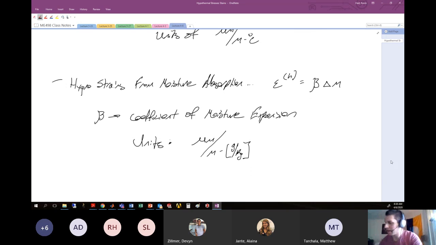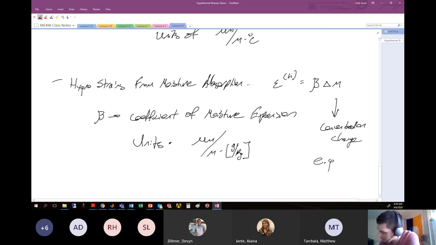This delta M here is kind of mass change, but really it's concentration change. So let's be clear about that. It's not necessarily a mass change in units of mass. It's a concentration change. So it's like grams per kilogram.